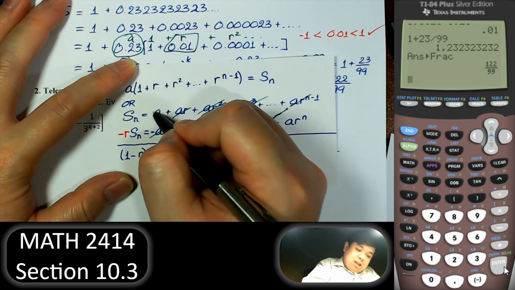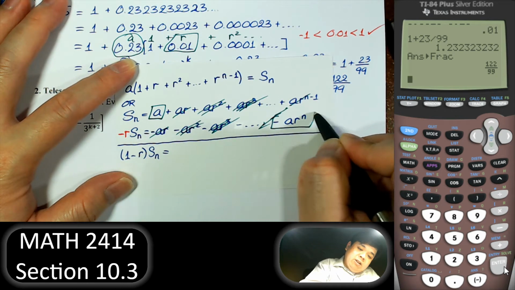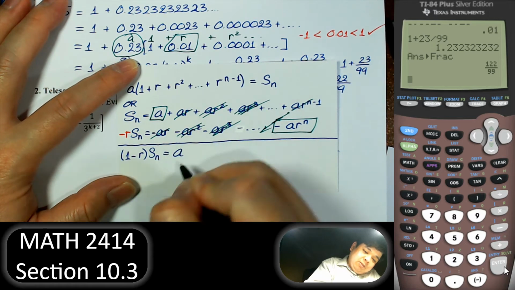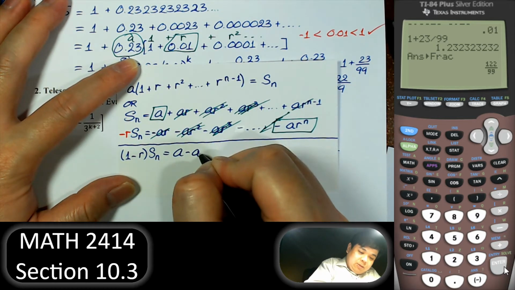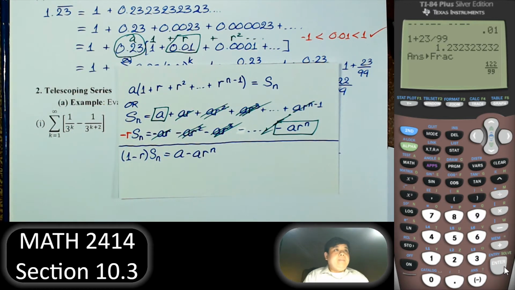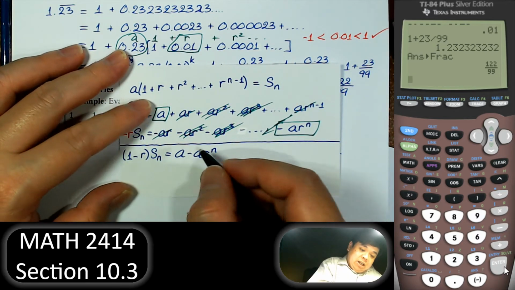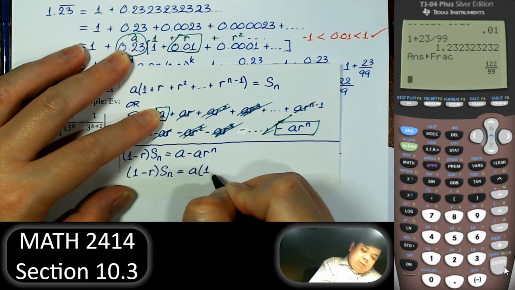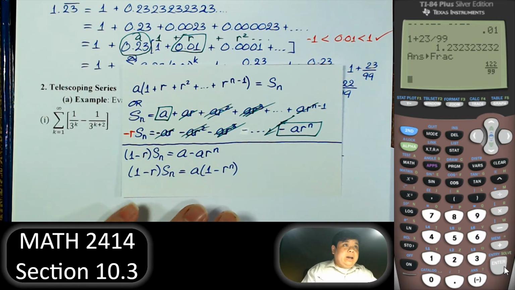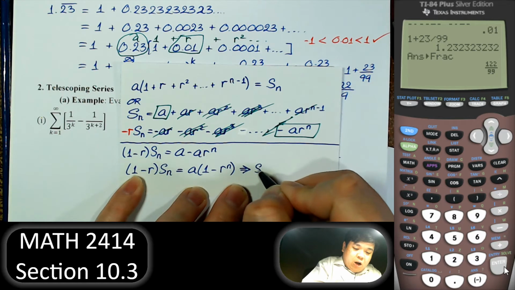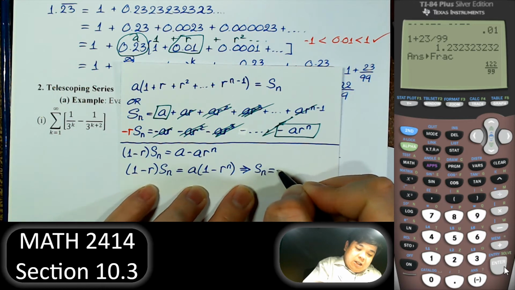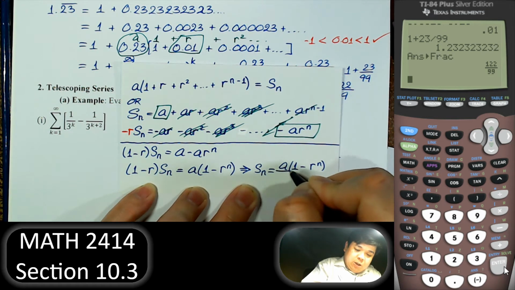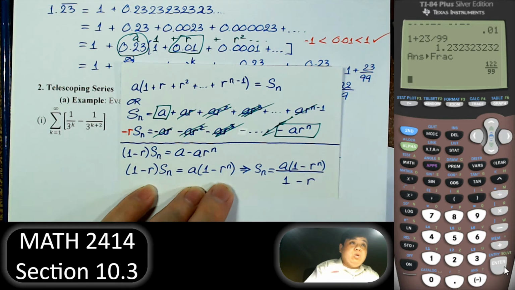So what's left is a and negative a times r to the n power. Of course, we can factor out the a. And with that, we have the partial sum of the geometric series, dividing this over: a times 1 minus r to the n power over 1 minus r, which is good, right?